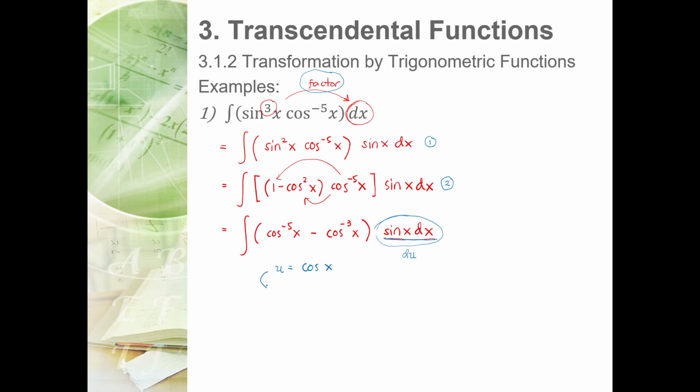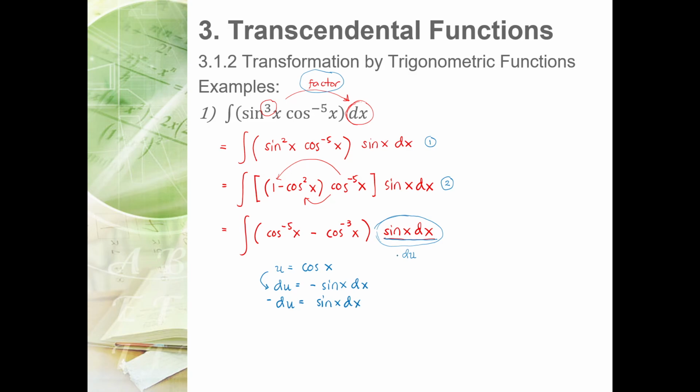The derivative of cosine is negative sine x dx, right? Now since this one is positive, we just divide everything by negative 1. So negative du is equal to sine x dx.